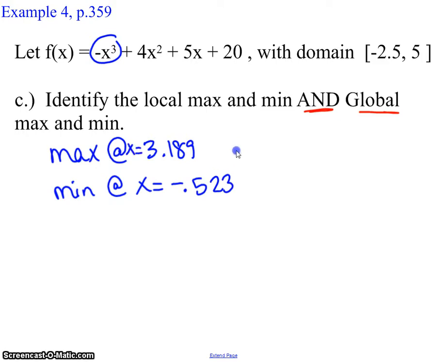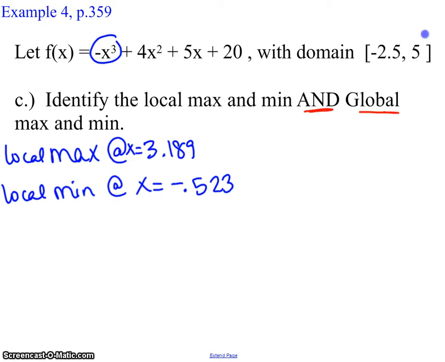Okay, so we know that these maximums and minimums are what we call local max, local min. But I want to also find the global max and global min. So what we have to do is check the y values for each of these, as well as the y values for the endpoints.